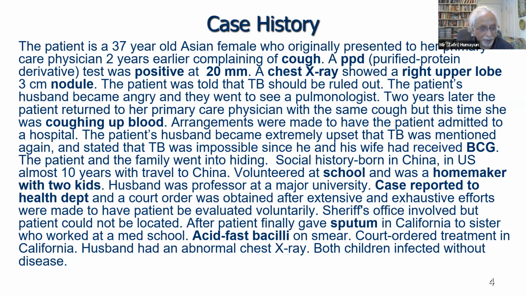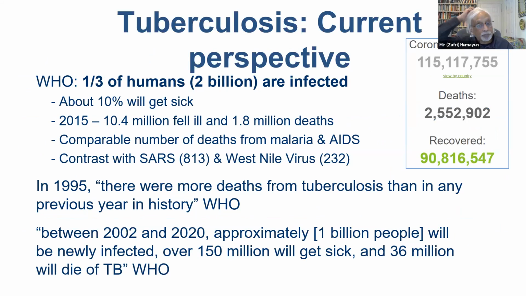Court-ordered treatment followed in California. The husband had an abnormal chest x-ray. Both children were infected without disease. So, this case is the framework as we discuss Mycobacterium tuberculosis, its pathogenesis, its treatment, and preventive measures. Okay, let's first get a perspective on tuberculosis.